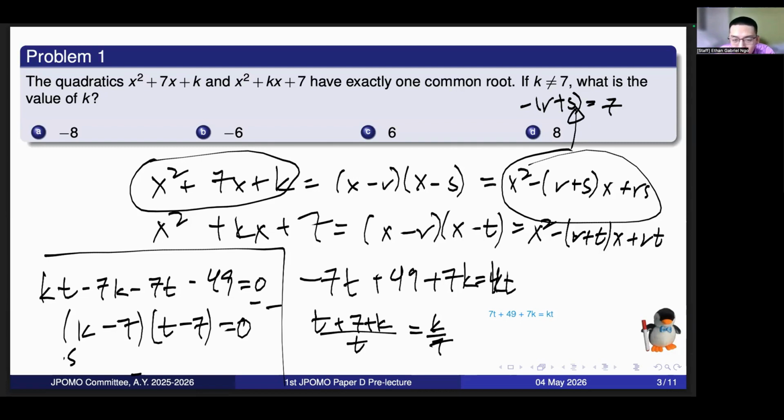Again, as I said, this will give kt minus 7k minus 7t equals 49. Actually, this is supposed to be negative 49. It's a correction. Actually, it's positive 49, so ignore that one.